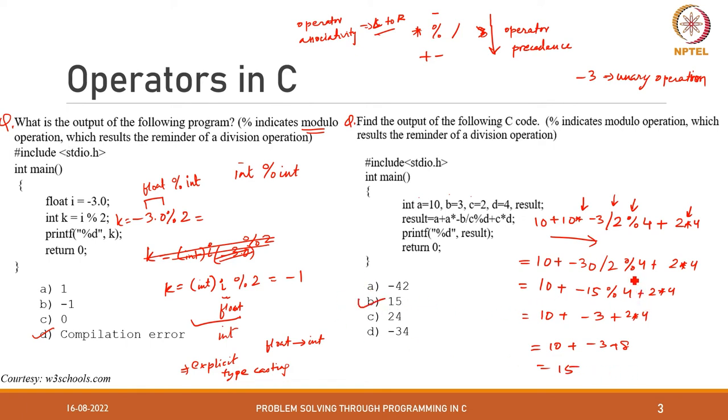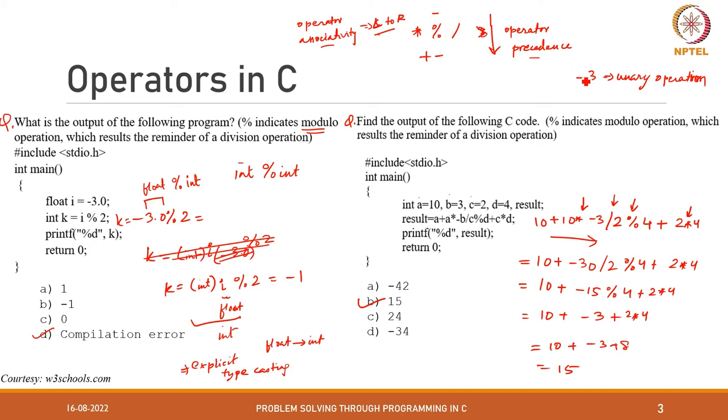So is there any doubt how this expression is to be evaluated? Is everyone clear with these two concepts, operator precedence and operator associativity? Operator precedence is basically when you have different operators, some operations will happen first, and the other operations will happen after that.